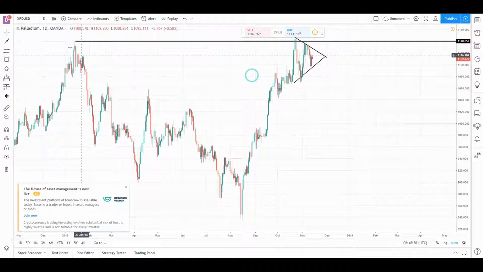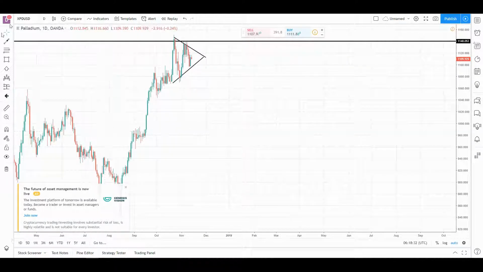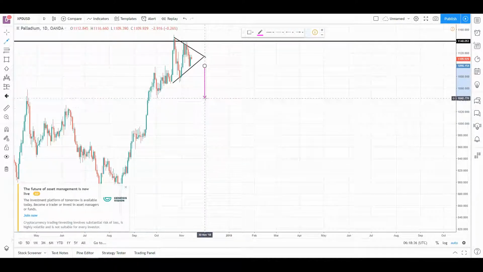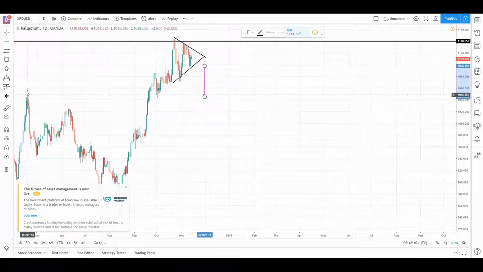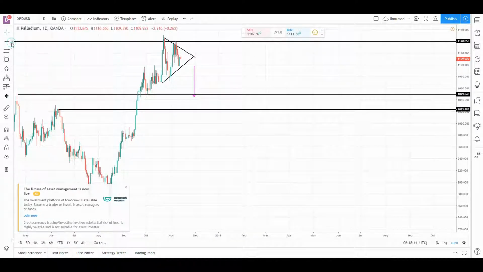Look at this, guys. We have a double top and we have contraction of price in a triangle. This always indicates a big move. So 80% chances of a big drop towards these levels here, or 20% chances of a bullish breakout to the upside.